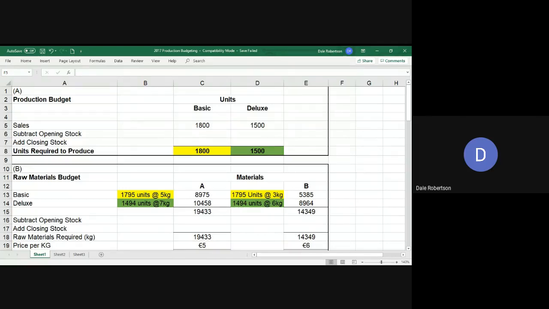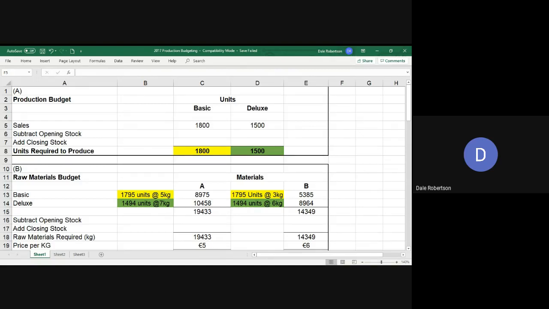So it says, O'Sullivan Limited recently completed its annual sales forecast for the end of 2018. It expects to sell two products: a basic at 260 and a deluxe at 340. Now, the next sentence is really important throughout the question.